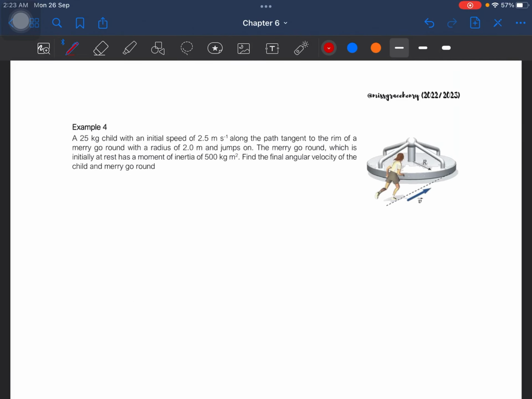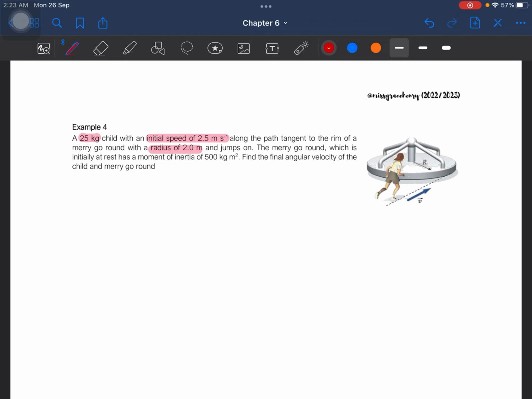Example number 4, a 25 kilogram child with an initial speed of 2.5 meter per second along the path tangent to the rim of a merry-go-round with a radius of 2 meter. The sentence doesn't seem right. Initial speed along the path, maybe we need to add run.